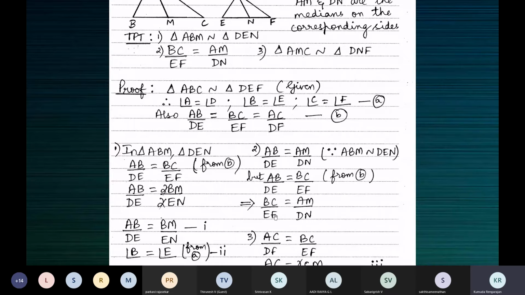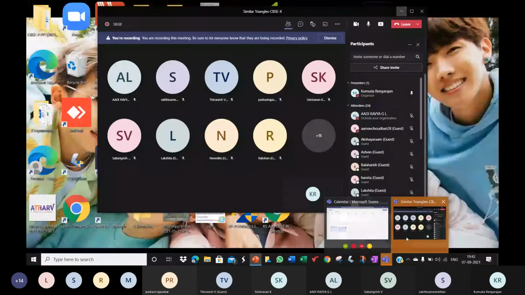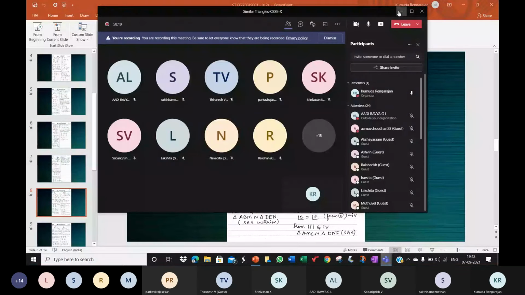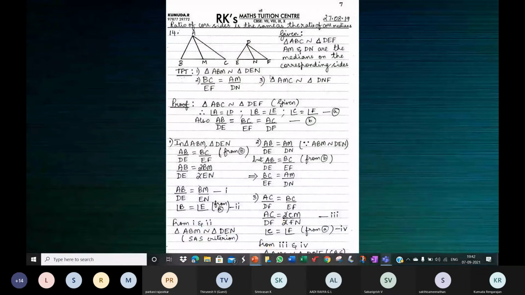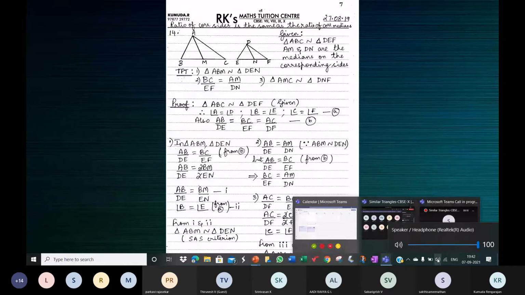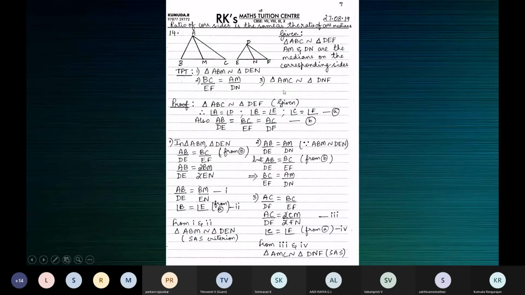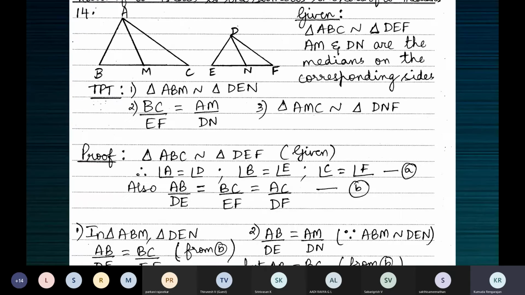The third one is: AMC similar to DNF. So you can repeat just for the sake of practice.